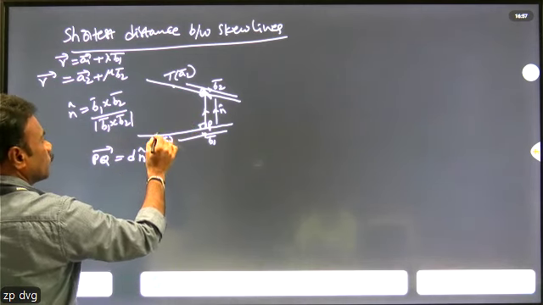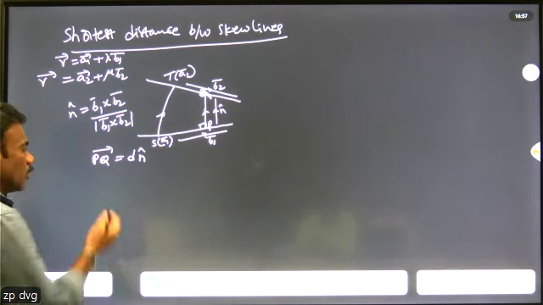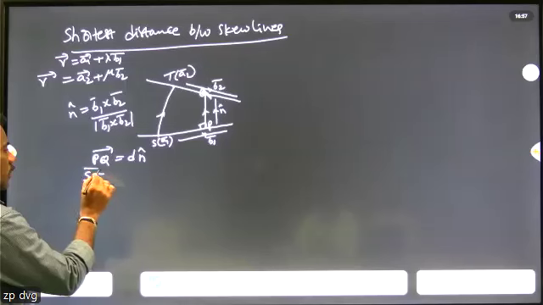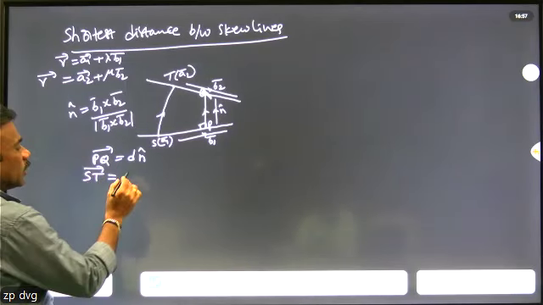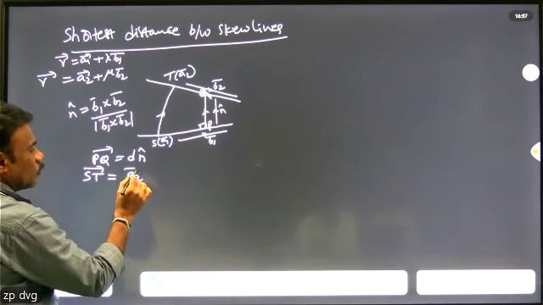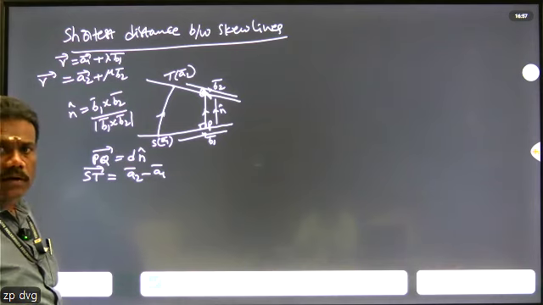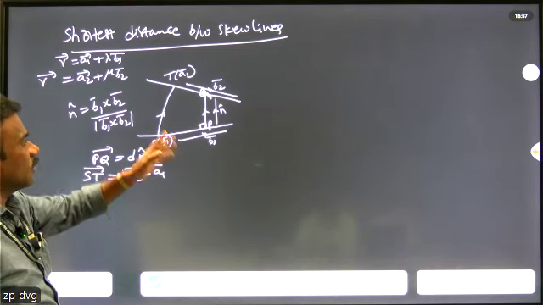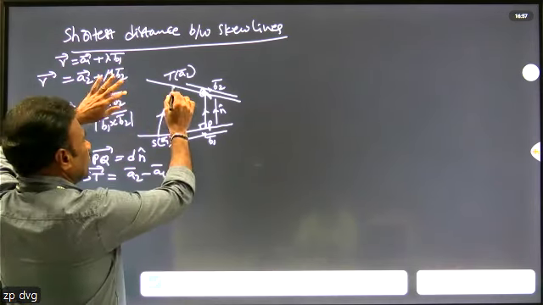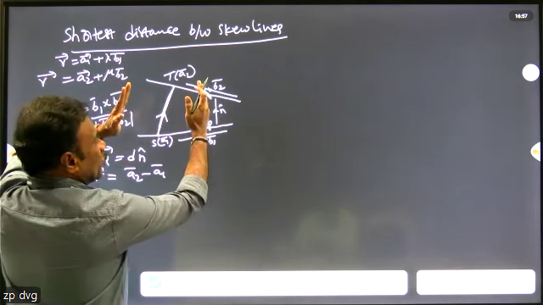Now, if you join ST, you will get a vector ST bar. What is ST bar? ST bar can be written as OT bar minus OS bar, which is A2 bar minus A1 bar. Now, if you observe this diagram, this is the ST bar vector.